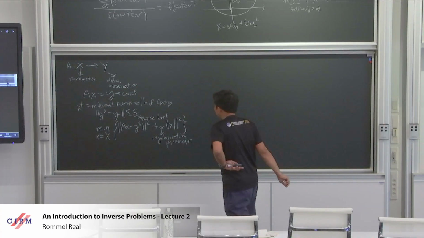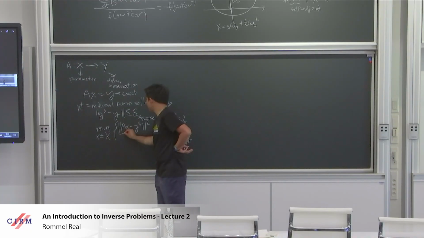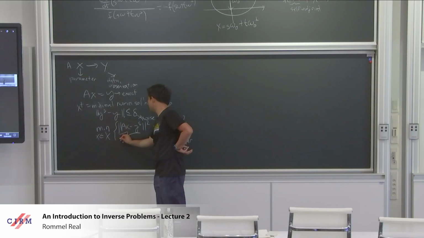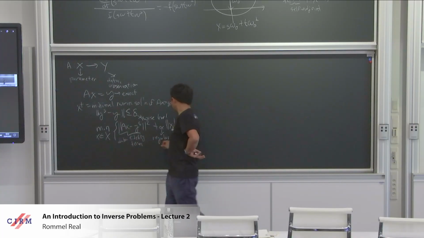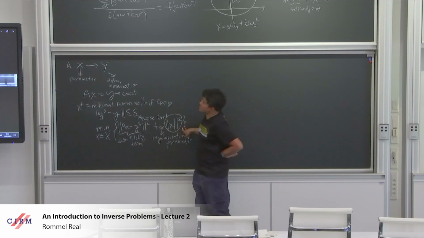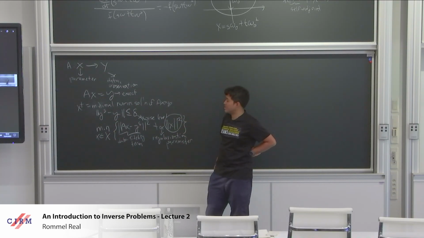And normally in machine learning, we can call this first term here the data fidelity term. And this one is the term that promotes stability. We will see that later on.